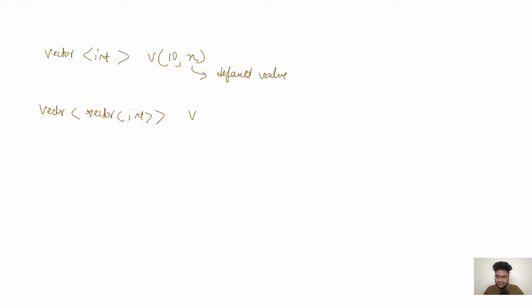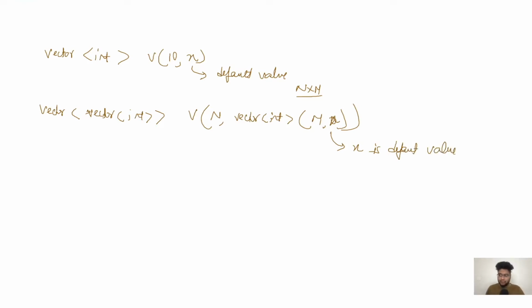Let's suppose the 2D vector is n cross m, a matrix, so it will be n vectors of int, and then m comma 0, or basically x, wherein x is the default value for all the elements present inside the matrix. Okay, so that's how we can define a 2D vector.